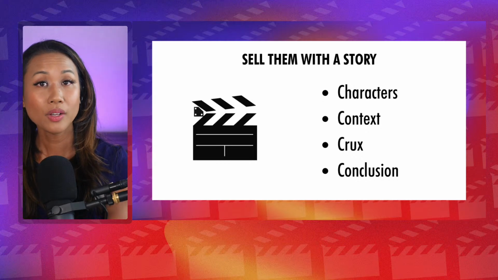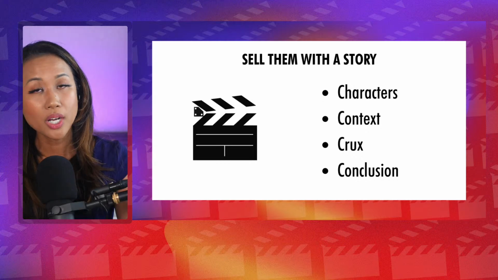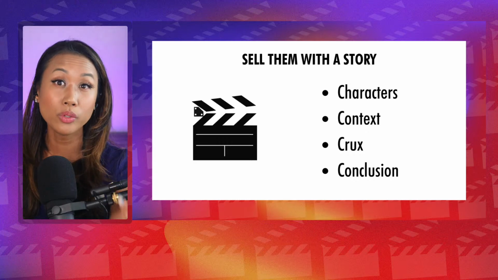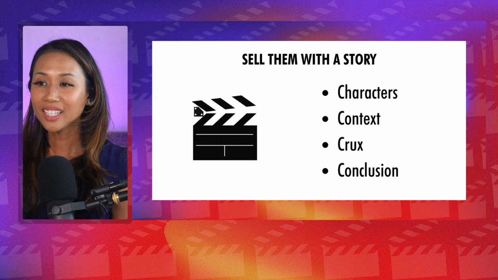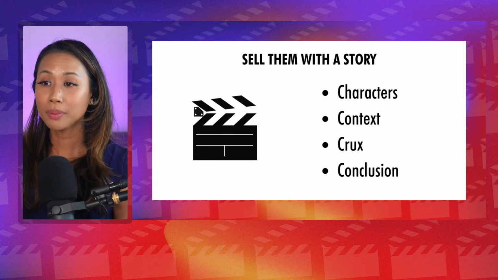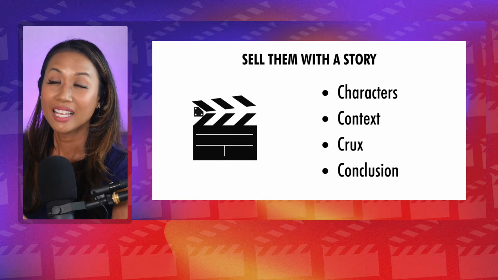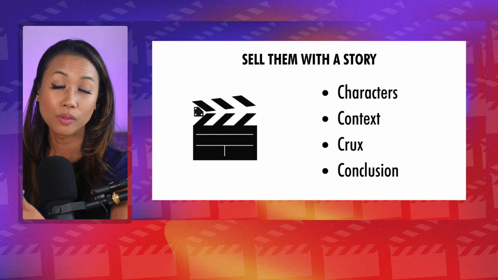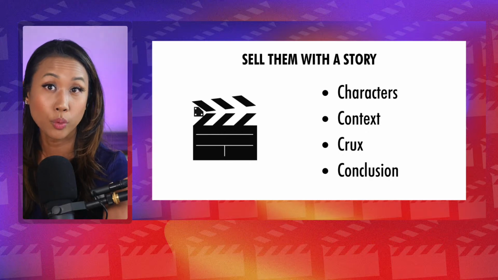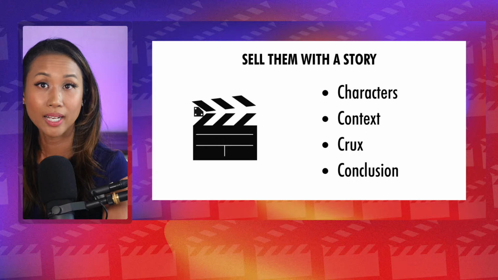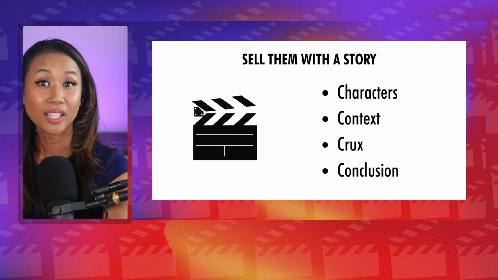And when we think about the characters that play a part in the story, you also want to know, who's the villain? And the villain isn't necessarily a person. It could be the product, it could be the pain point. It could be that what used to work for them is no longer working for them. It's the problem. That's what the villain is.